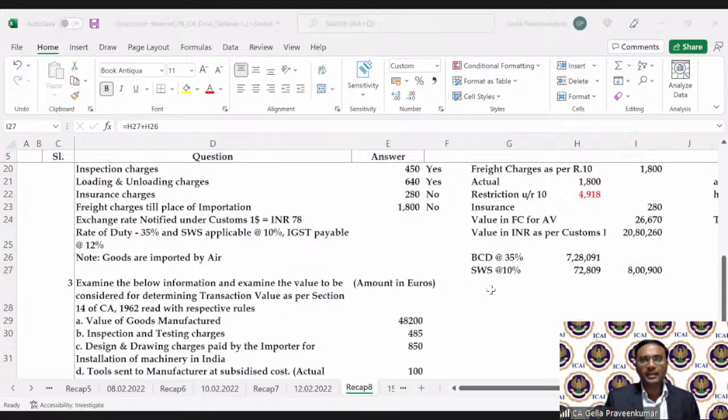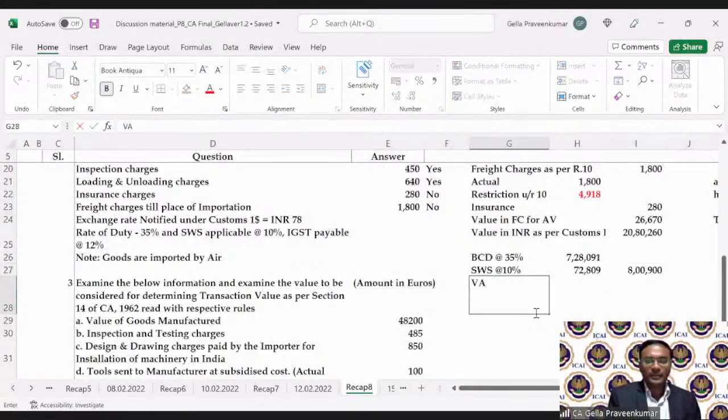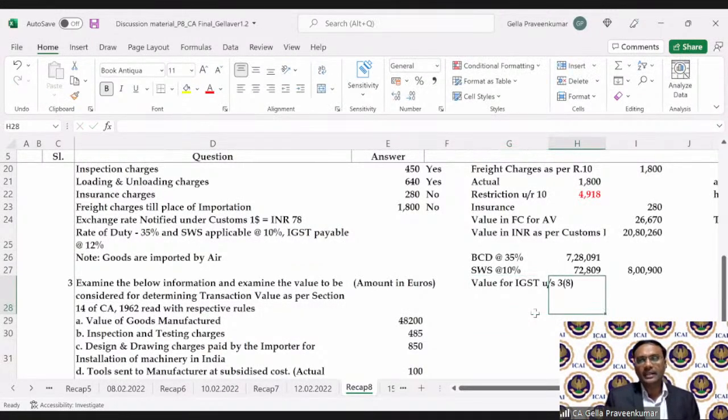Now, value for IGST under section 3, subsection 8. So my GST computation is on the basis of section 3, subsection 8. Now, additional duty is levied under section 3, where the subsection talks about IGST.